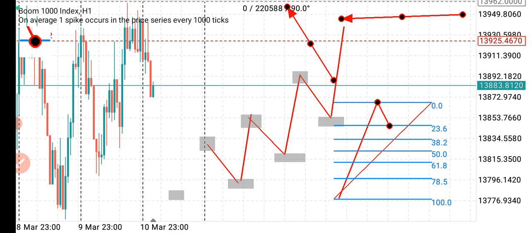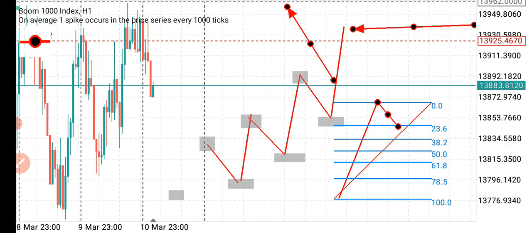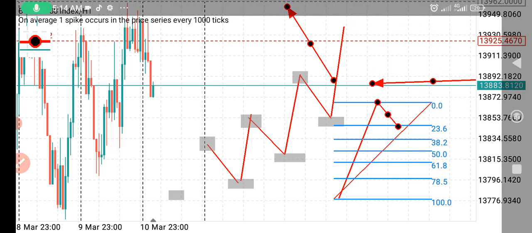So the first level the price will come after it has started moving in the opposite direction, that is against its initial movement, is the 23.6 level of the Fibonacci. Now look at it here.